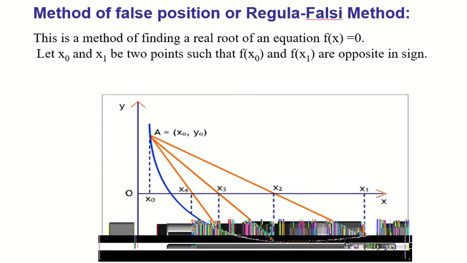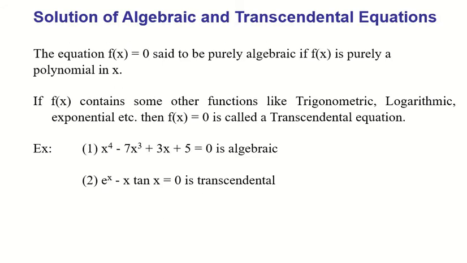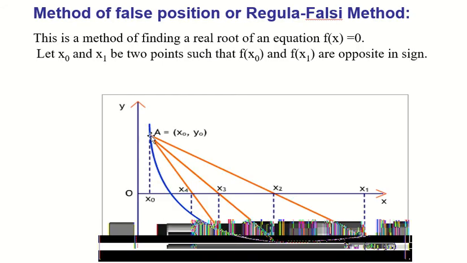So here, how to find the solution is, we assume that f of x0 is positive, f of x1 is negative. That means f of x0 and f of x1 are of opposite signs. So in such a case, when they are of opposite signs, you can observe x0, f of x0 positive, f of x1 negative.